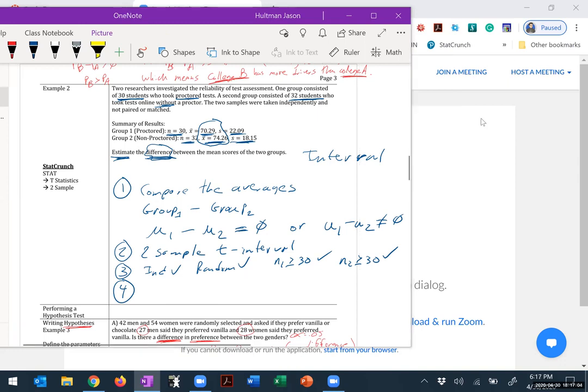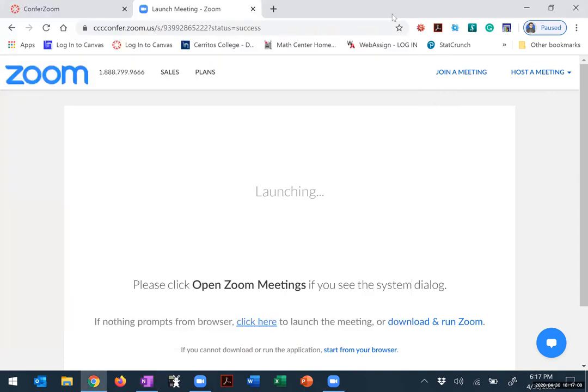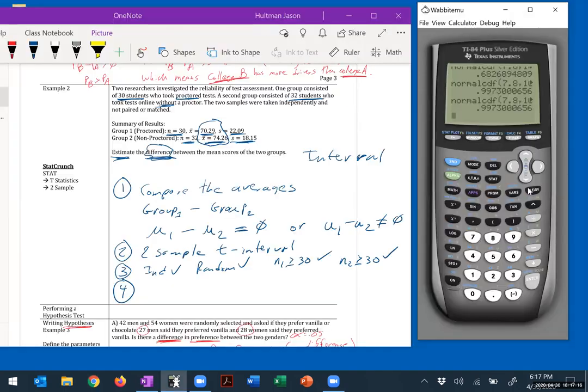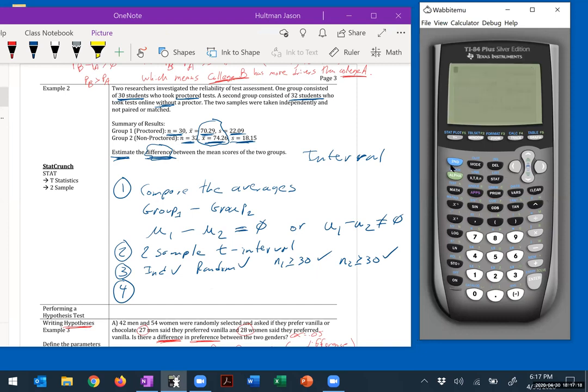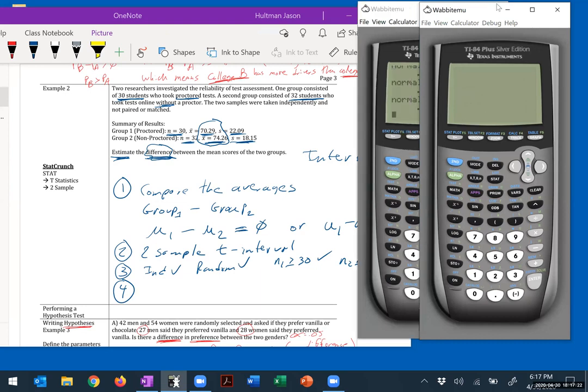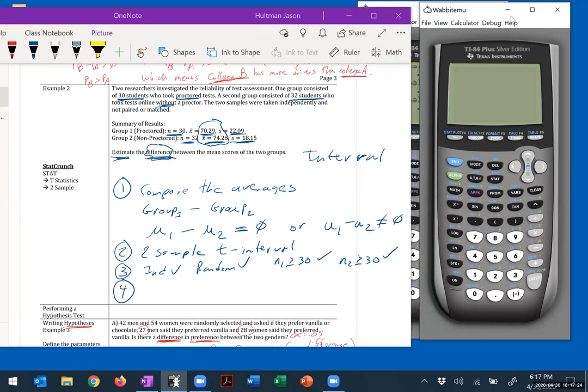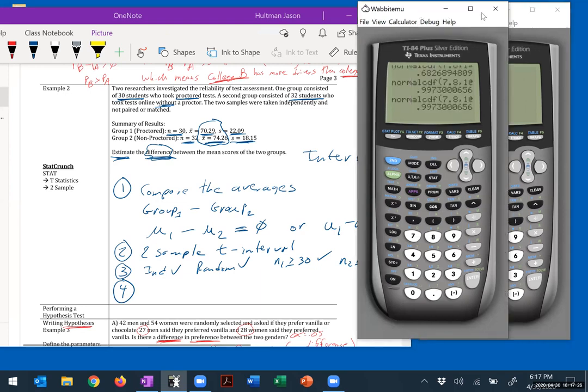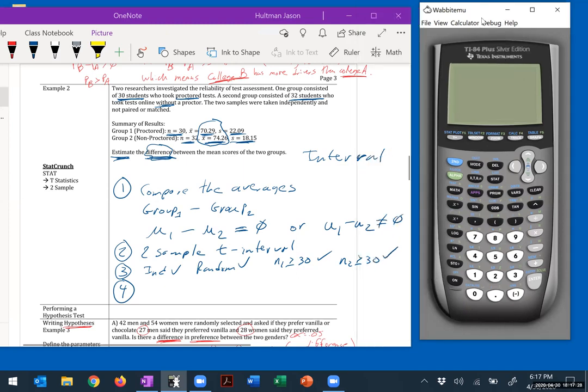Thinking about it. What's slowing me down? There we go. Okay, got my calculator out. Clear. Oh great, I got multiple calculators out. They keep multiplying like little rabbits.